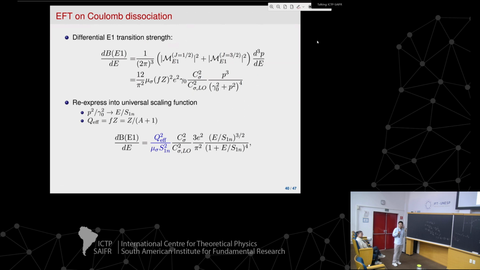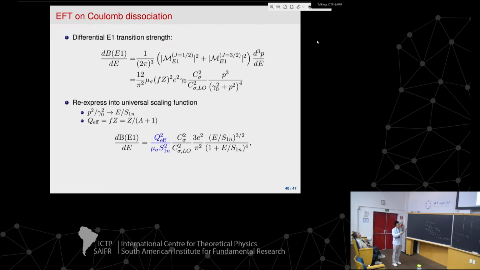As we mentioned at the very beginning, these universal features always come with scaling functions. Your observables can always be written as the ratio between an energy and some given energy scale, for example, the binding energy.